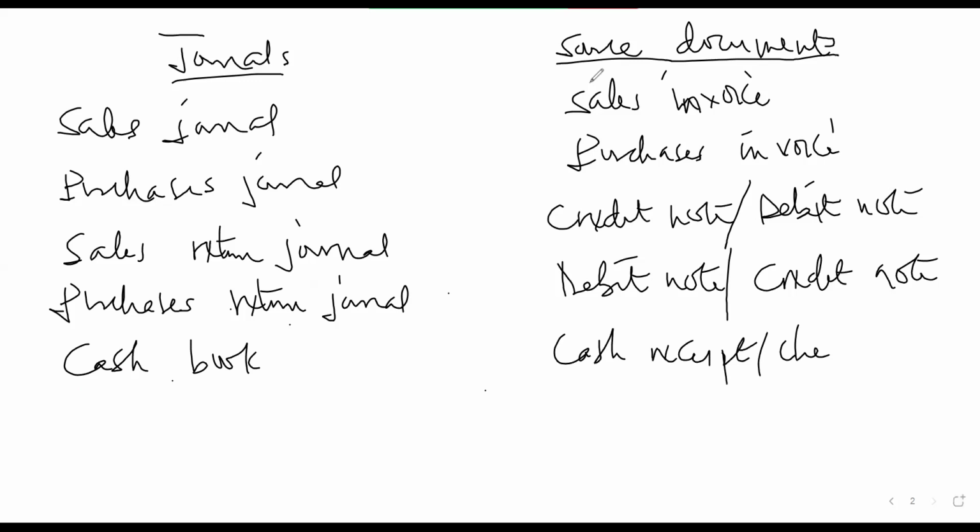We are going to be using the check. We also have payslip. We have so many documents that we can use to record a transaction in the cash book. Basically, you'll be seeing the cash receipts and also the check. So we can use the cash receipt.